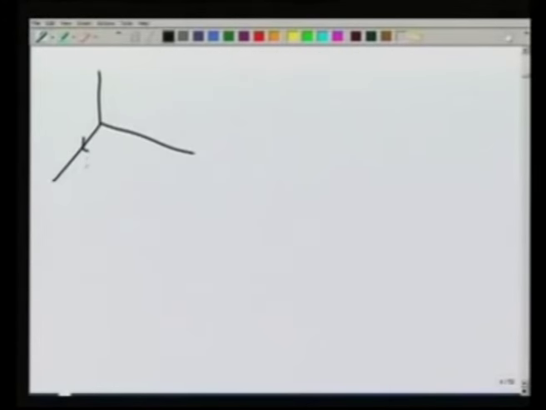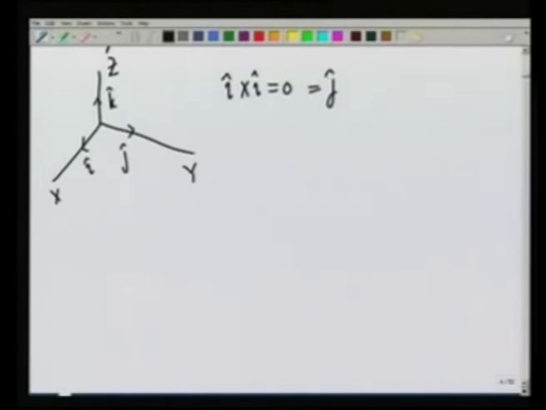In particular, if I look at the unit vectors i, j and k in x, y and z direction, then i cross i is 0 and so is j cross j, because the angle between them is 0, and so is k cross k.